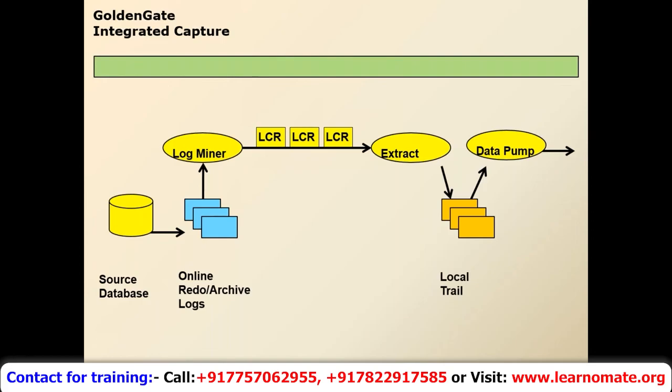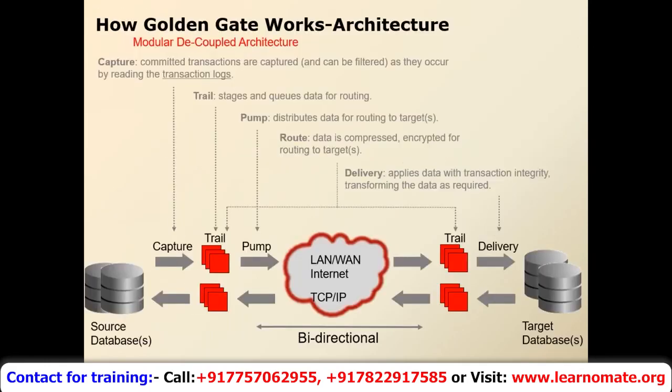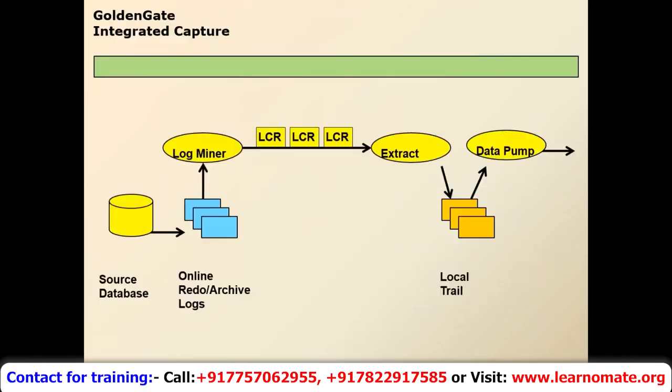Now, the question here to you is, the performance of integrated capture is very much faster. I would say 5 to 6 times faster than your classic extract. But logically, if you see, there is one more utility in between the redo log and extract.